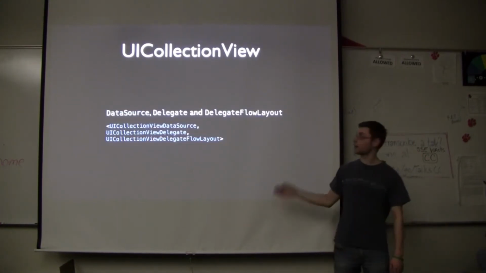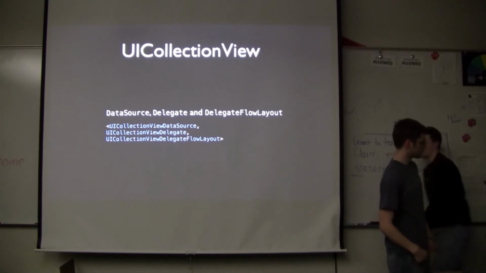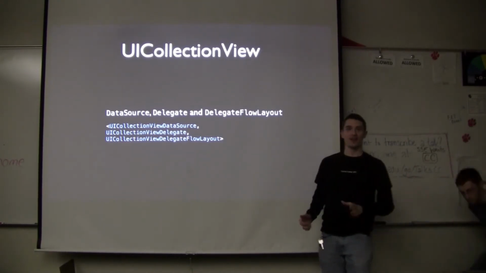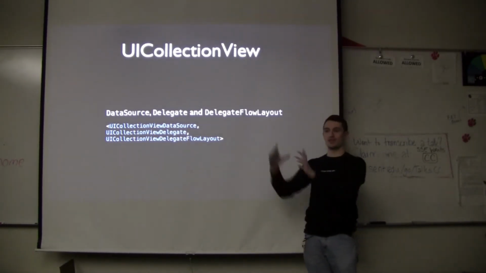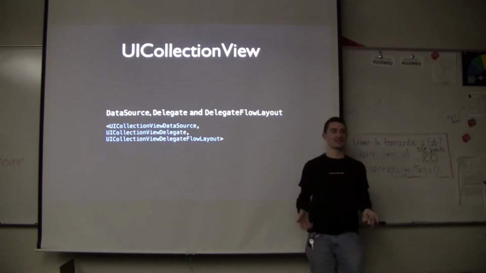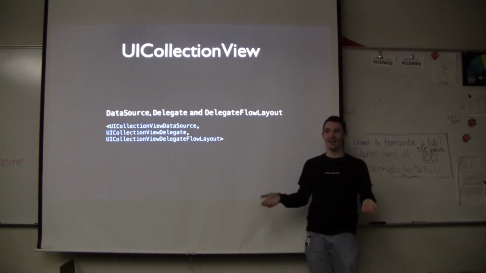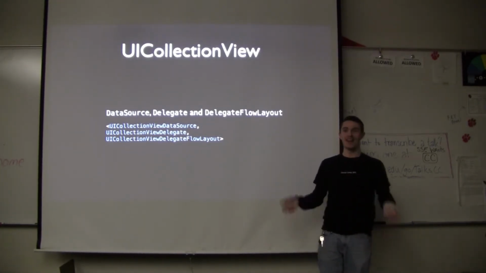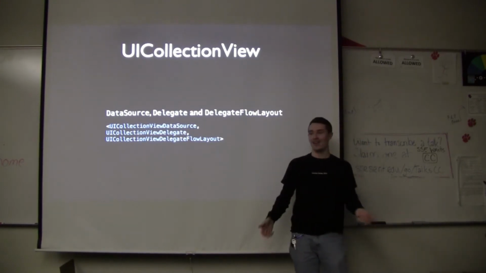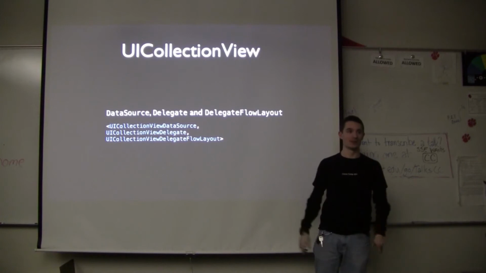We also have UICollectionViews. Do you want to do this one? Sure. So a table view is a nice way of getting a list of things with sections of the list. But for the longest time, there was no way to make a nice grid of things on the screen. And everyone was upset, and nobody really liked that, and people were doing horrible things to try to get things to line up in a grid.